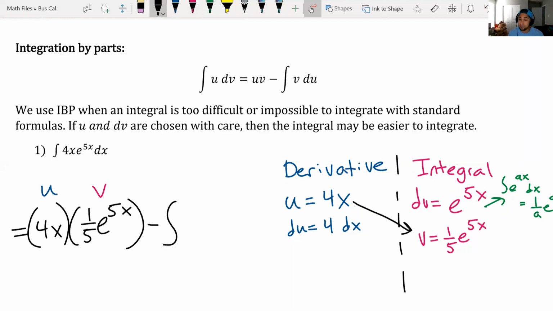And then we're going to subtract the integral of v du. So we take v on the right side and multiply it by du, or we say voodoo. So this will become v, which is 1/5 e to the 5x, times du, which happens to be 4 dx.